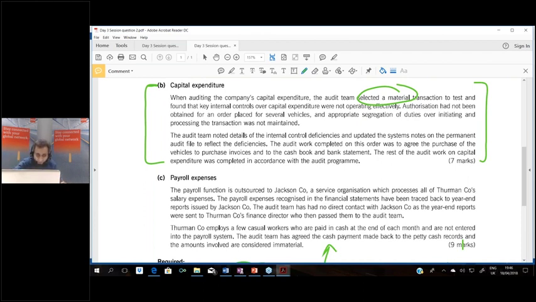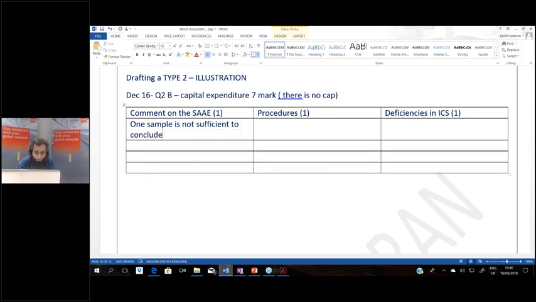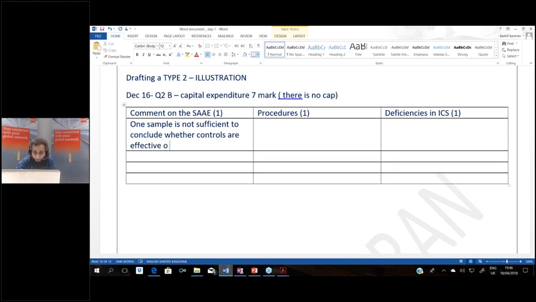So I go back to my Word file and I say one sample is not sufficient to conclude whether controls are effective or ineffective.